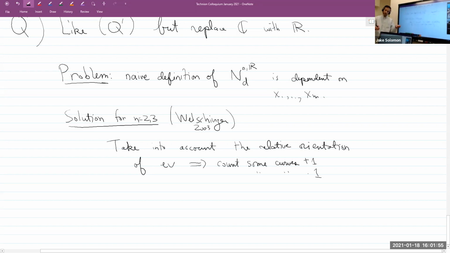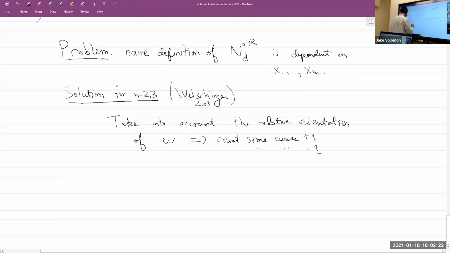You can look at the curve and calculate the relative orientation of the evaluation map at that point. You can sometimes get +1 and sometimes get -1, just like with any degree. In the complex case, there's this canonical orientation, which you always count +1. This is not a surprise. And in the real case, sometimes you count +1 and sometimes -1. In fact, the total count could be completely negative.